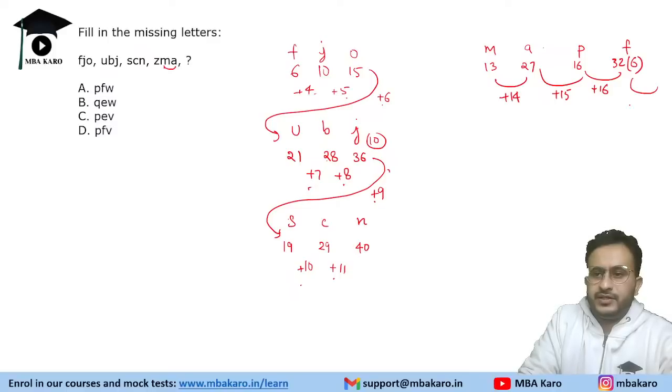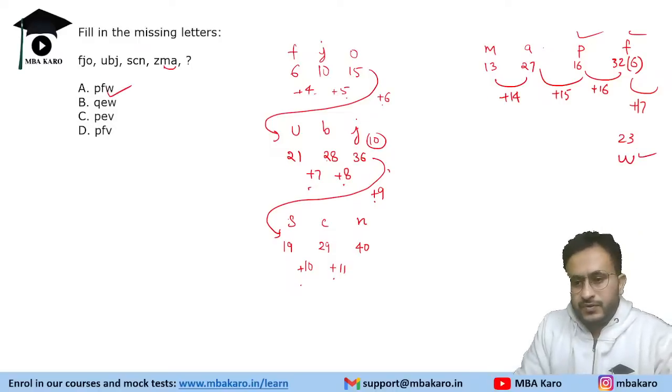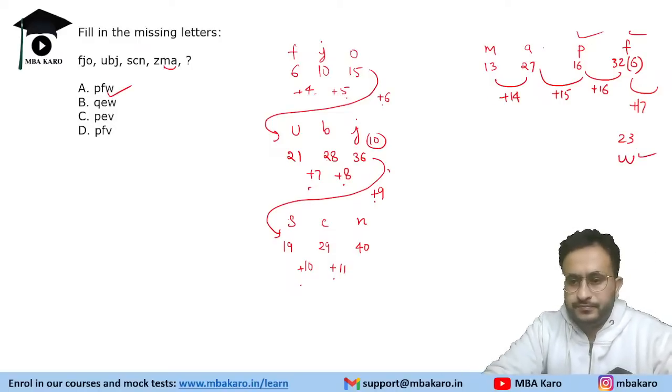And then increase of 17, so that is 23, which is W. So P, F and W. Okay, so that's how we get the order. It is increased by 14, 15, 16, 17, like this.